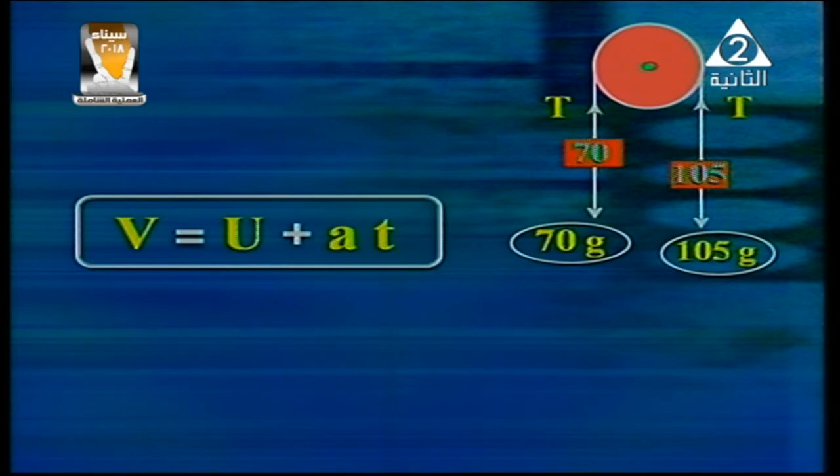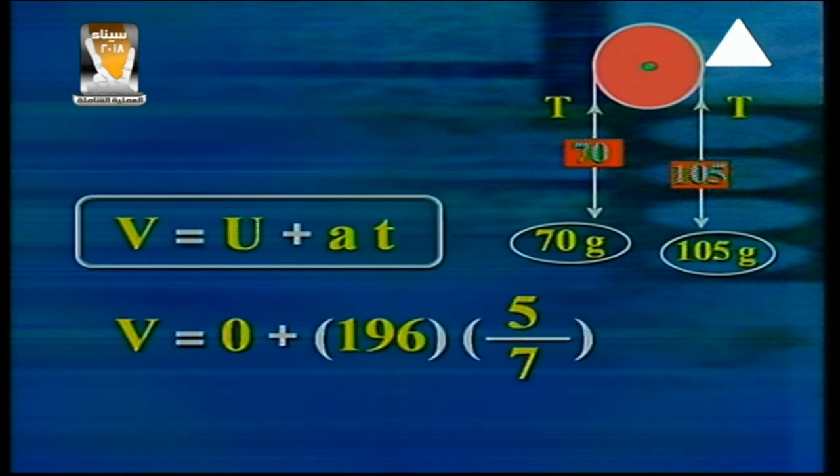This is t1. By using the first law to find the value of the velocity, v equals u plus at. Here a is 196, t equals 5 over 7, and initial velocity equals 0. Why?